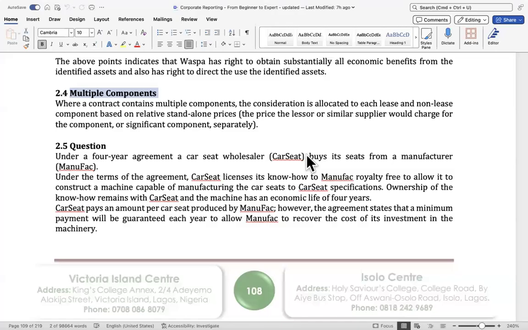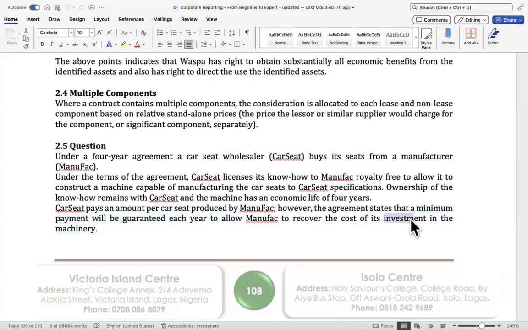Eventually, the manufacturer agreed to manufacture a machine, as requested by the car seat company. So the manufacturer invested so much in the machine, and they agreed that that machine will be used solely for car seats, and it will be used to produce car seats for him in the way he wants it. However, they agreed that a minimum payment will be guaranteed to the manufacturer so that he can recover his investments in the machine.